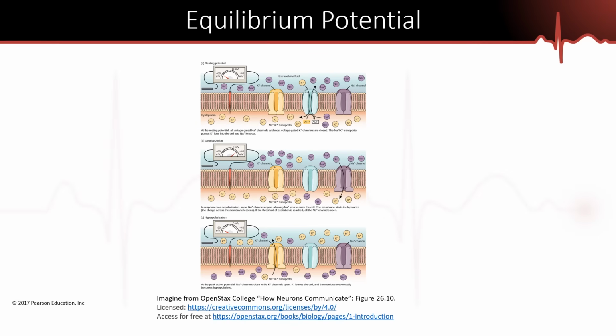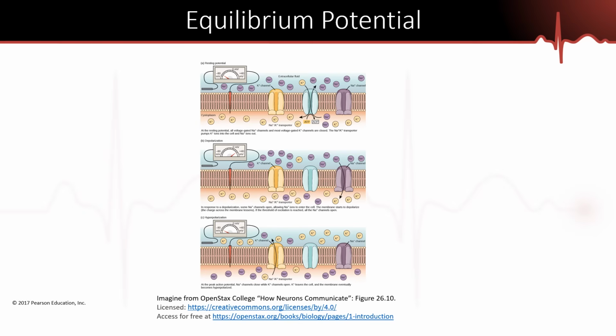I also want to say that there are more ions than just sodium and potassium. For example, calcium and chloride are also very important ions as well. They have equilibrium potentials with regard to neurons as well.